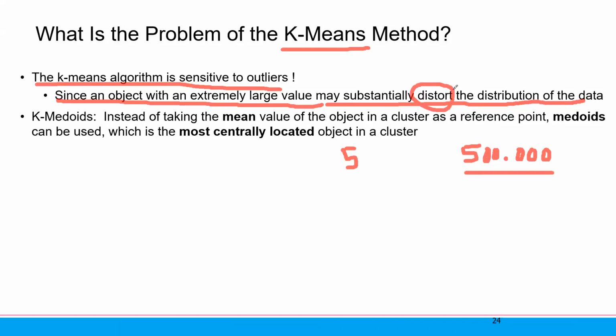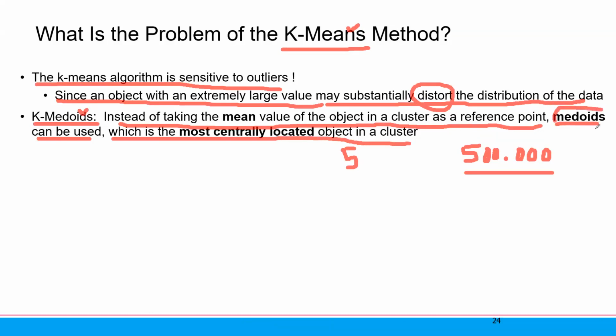So there's an alternative, we call it K-Medoids. Instead of using the mean, we want to use the Medoid. What is a Medoid? Instead of taking the mean value of the objects in a cluster as a reference point, Medoids can be used, which is the most centrally located object in a cluster.